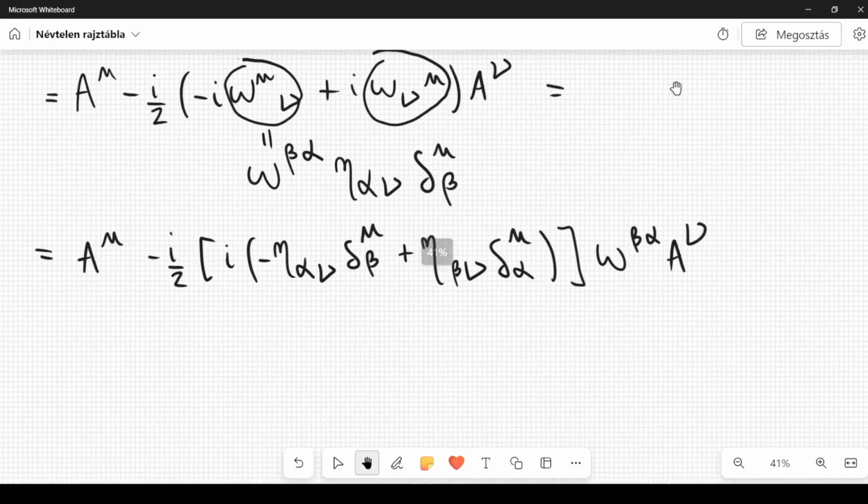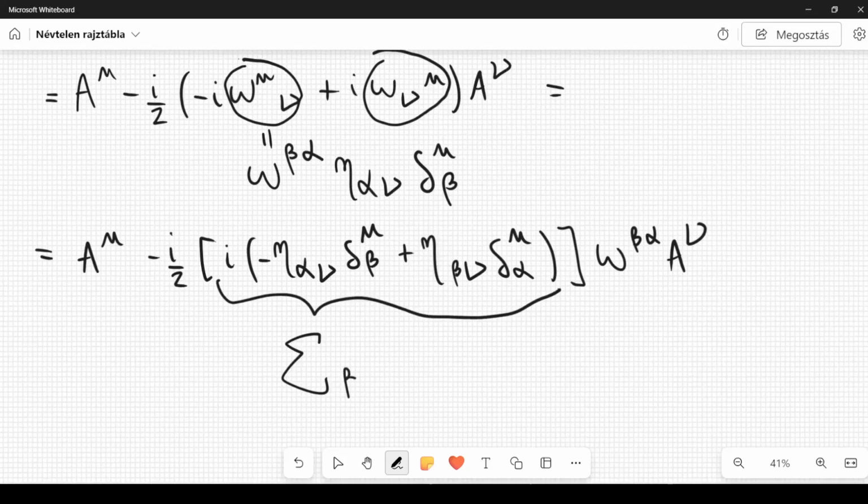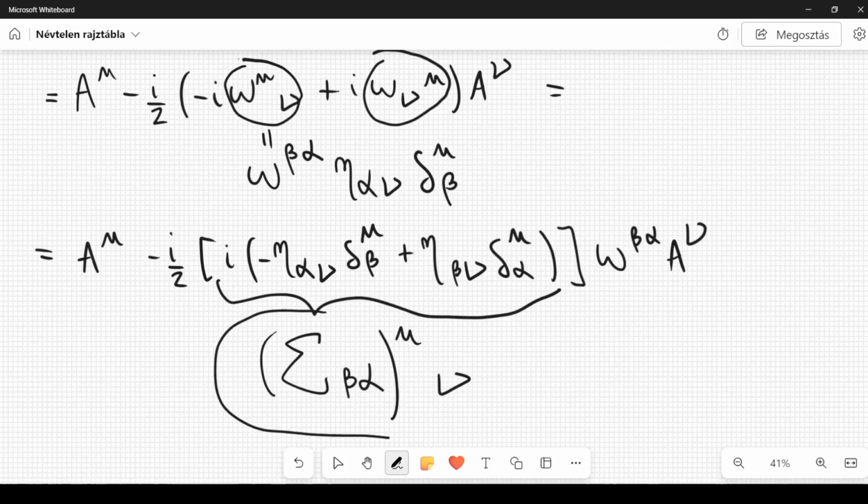And I'm going to define this object here in the square brackets as sigma beta alpha mu nu, like this. Now, this object here satisfies the so-called Lorentz algebra for a finite Lorentz transformation.